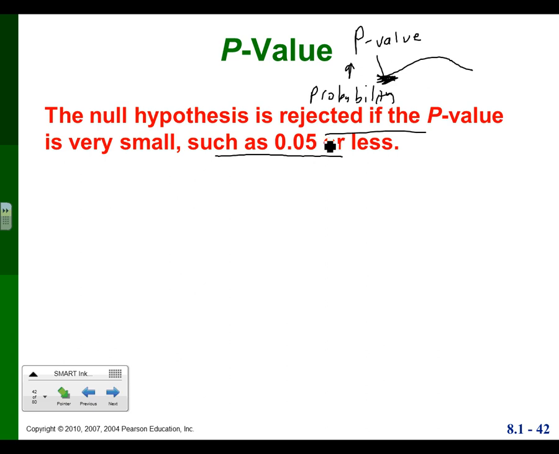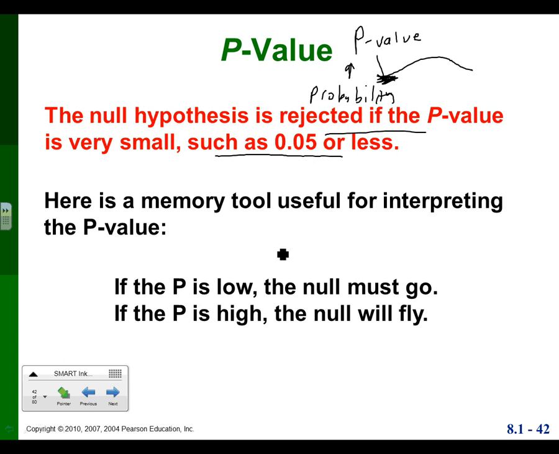We looked up on one of our websites, first year I did this, and Sam and Alex and all of them came up with this off of YouTube, and we actually put it on there. If the P is low, the null must go. I didn't remember the second part, because if the null goes, then it's going to happen. If it doesn't go, then it's not going to happen. But they use this a lot.